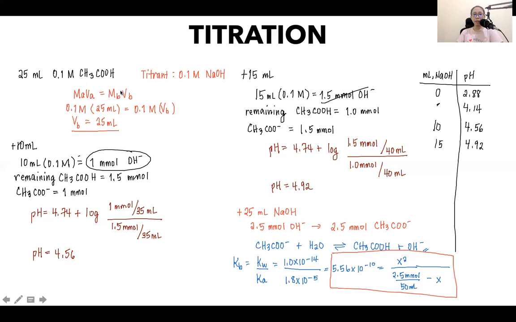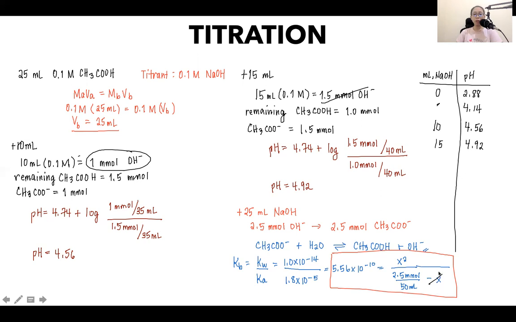Since the Kb is very, very small, it means the extent of this dissociation or hydrolysis is very, very small. That's a principle in equilibrium. It means that the change, the value of X, is very, very small, such that we say that this minus X is negligible.